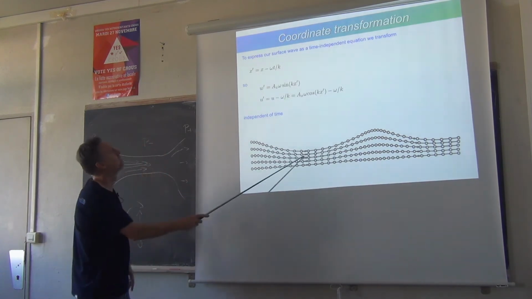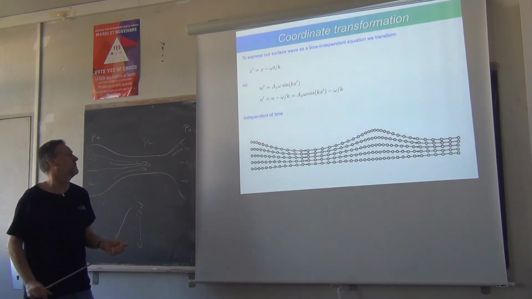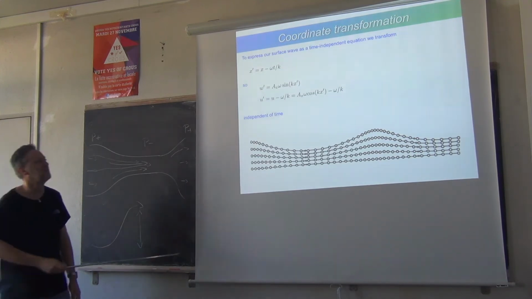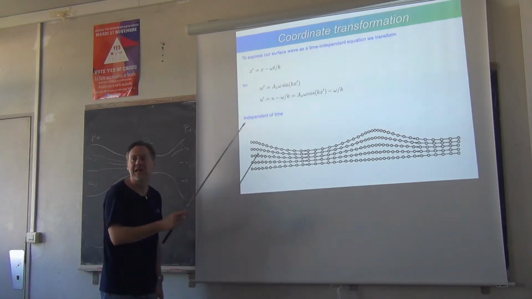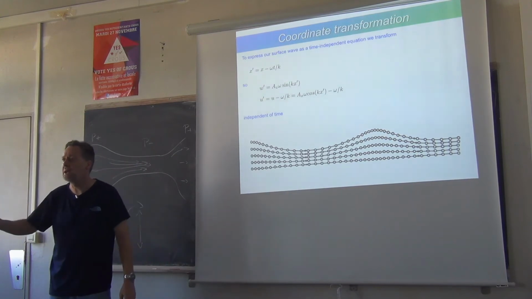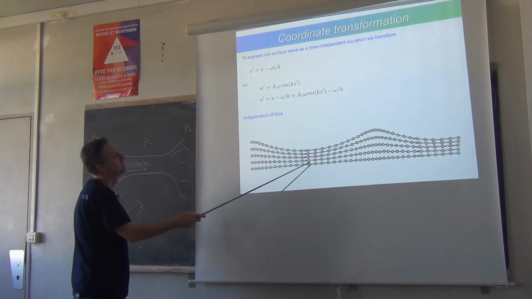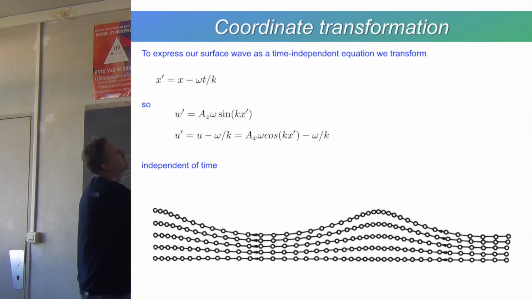So if we do that, then we're okay, right? We have a time-independent flow field, because all the features of the flow field, which are related to the phase of the wave, all those features are now nailed in place. So there you are. We just have to apply this coordinates transformation to our expressions.